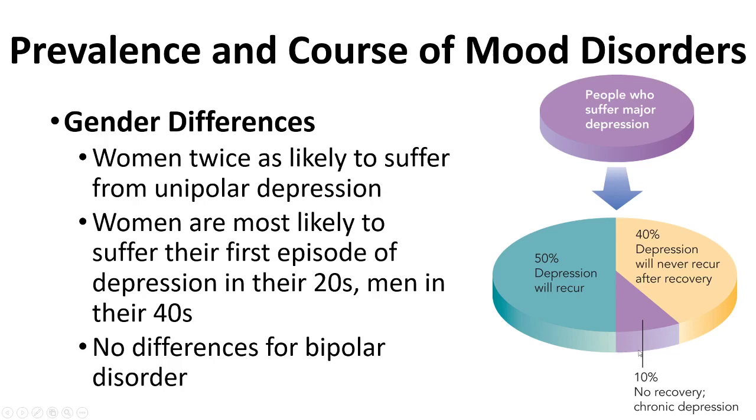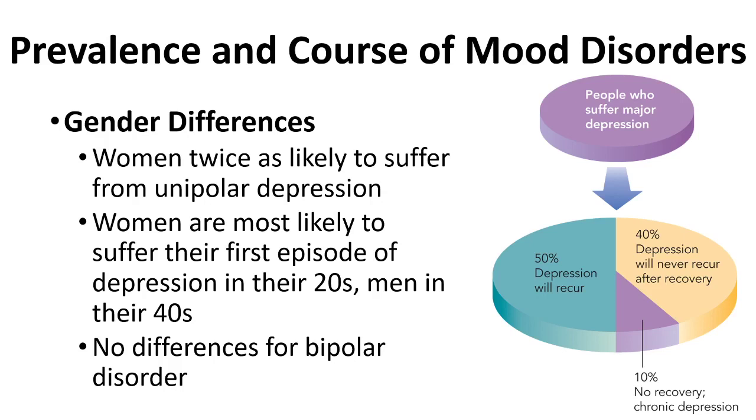In about 10% of people, they don't recover from that initial experience into depression. So they suffer major depression that once, and they end up falling into chronic depression, where they don't go back to quote-unquote normal. So for this 50% here, depression will reoccur, but it isn't constant.